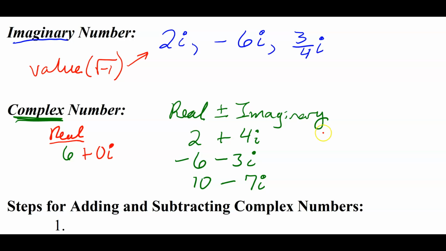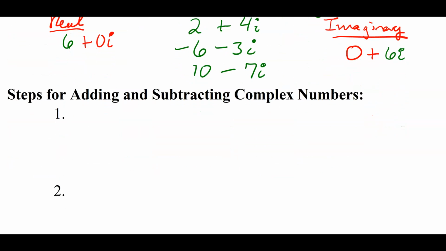On the other side, if I'm looking at an imaginary number, the real part comes as a 0. So 0 plus my imaginary piece, like 6i. All right. So any number can be written as a complex number. All right, because as mathematicians, we would like to be able to use one giant bucket.